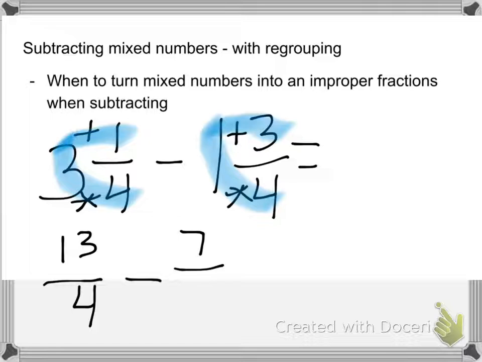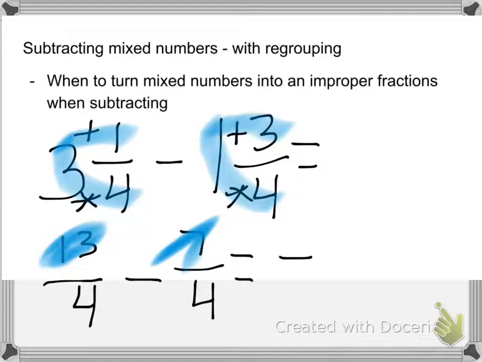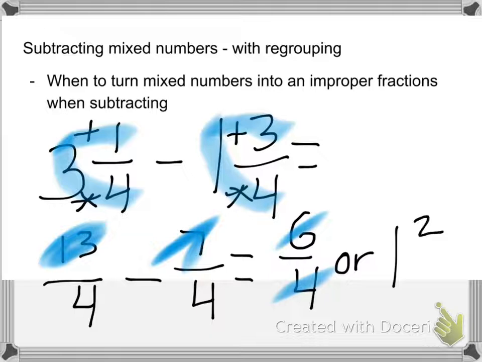It'll be 7/4. Now I can subtract it because my first numerator is bigger than my second numerator. When I take 13 minus 7, that equals 6/4, or 4 can go into 6 one time, and there's 2 out of the 4 remaining.